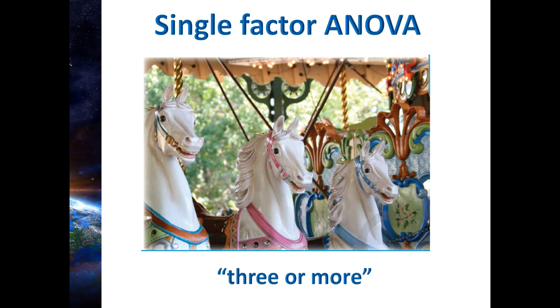So just to give you a little bit of a heads up, we're going to talk about why you shouldn't use t-tests to compare 3 or more means. And then we're going to talk about some general information about ANOVAs, and we're going to look at the F value, which is calculated for every ANOVA. Your test statistic is an F value.